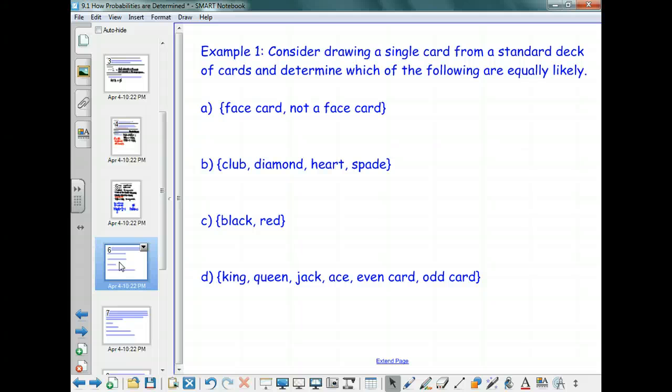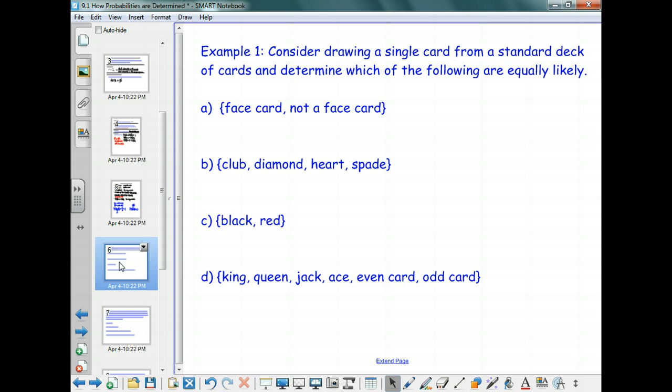How many different suits of cards are there? There are 4 suits. What are they? Hearts and diamonds, which are both red, and then spades and clubs are both black. And how many of each suit is there then? There are 13 cards in each suit.